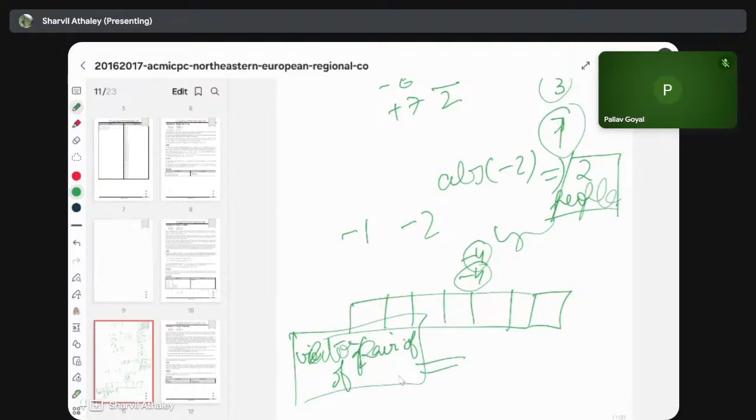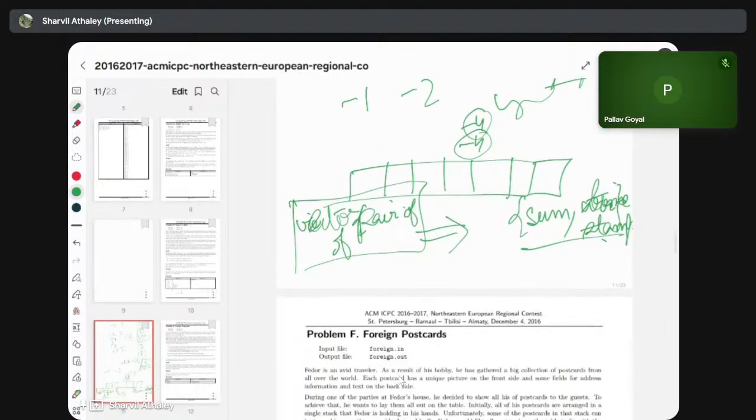First we store in the vector of pairs the prefix sum and then the difference of the timestamps. So now we sort this vector.